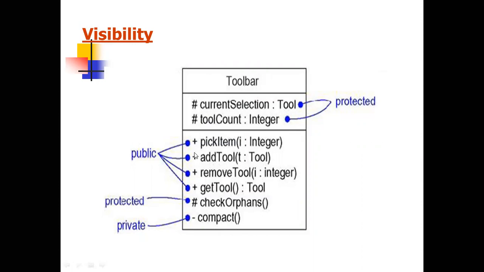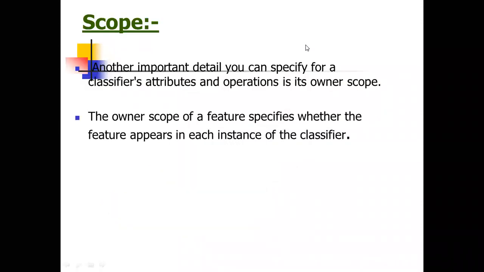Then public members are preceded with a plus sign, so we can access these operations or attributes throughout the program. And if we declare something private, we cannot access this attribute outside the class. So these are the three visibilities in any programming language: public, private, and protected.